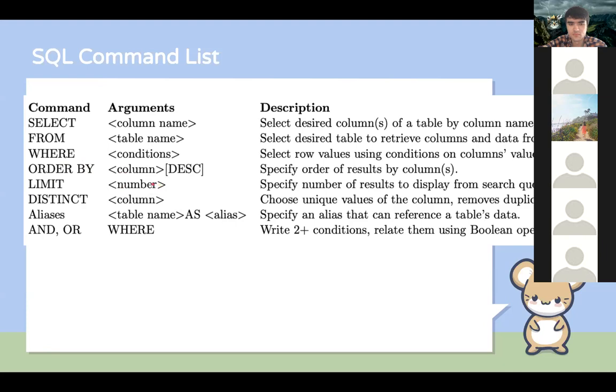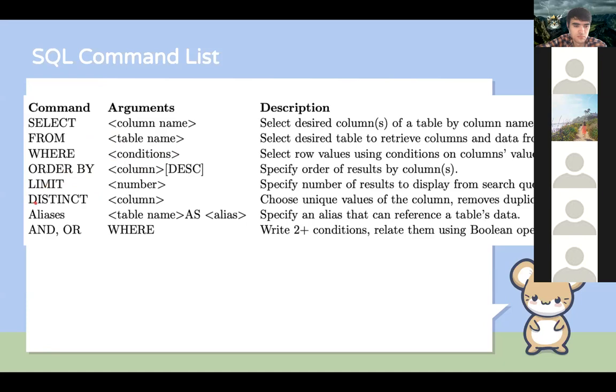So a good use of limit would be, let's say you have a table called movies, and they have ratings, and you want to pick the top three rated movies of the year. So what you would do is select movies from your table, order by ratings, and limit to 3. Okay.